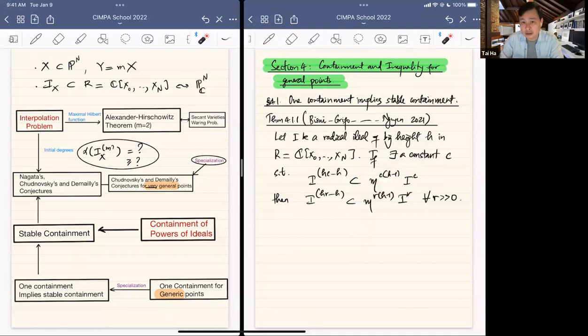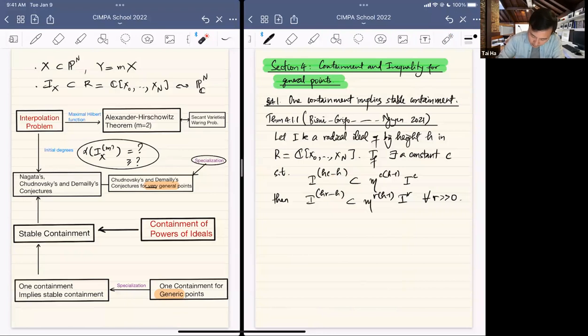The difficulty in this problem is, in fact, that at the beginning we had a hard time proving the statement without this minus H. Just assuming that the containment holds for one value C, then it should hold for stable or large enough values R. We actually had a hard time proving that. And then we found out that if we include a negative H here, then things actually work out.